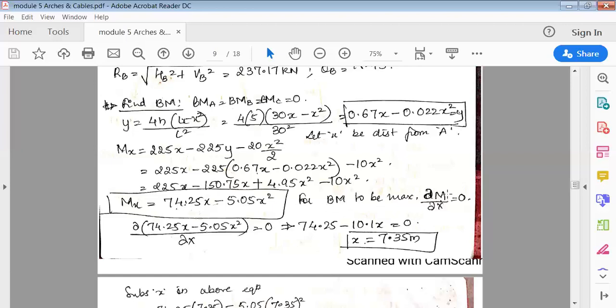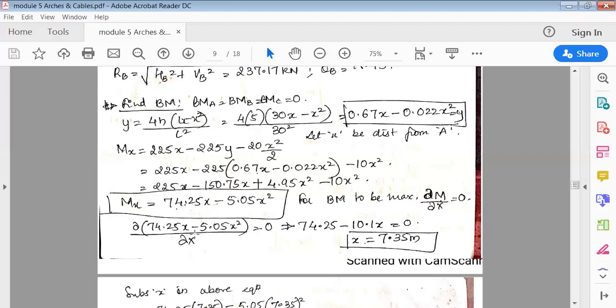We'll take the bending moment equation and take the derivative of it. So dou M by dou x is equal to 0. So dou by dou x, I'll take it out, and M is nothing but the bending moment equation we have got here. So this equation we'll put in here, that will equal 0.